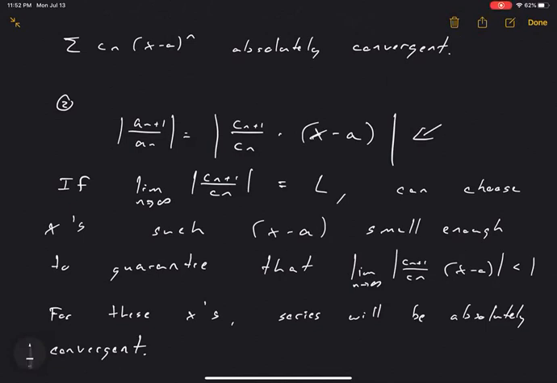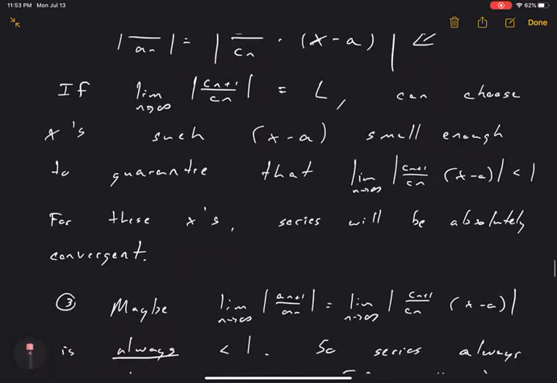Well, then I have a limit here, and if I choose my x's wisely, I can make sure that the limit of this whole thing is less than 1, right? Let's say this limit's 100,000. I can choose my x's so that this thing is less than or equal to 1 over 100,000, and so then the limit of this overall thing will be less than 1.